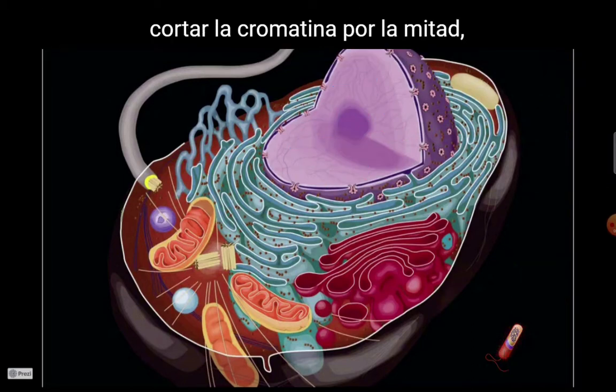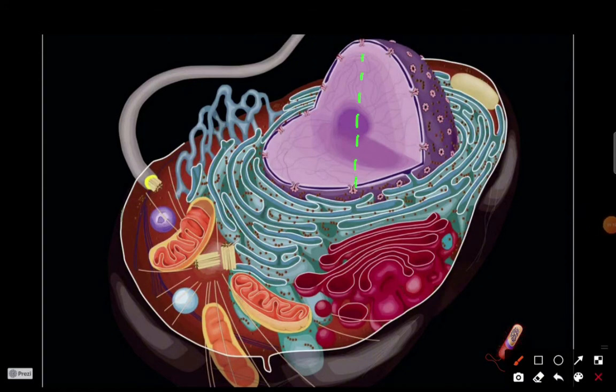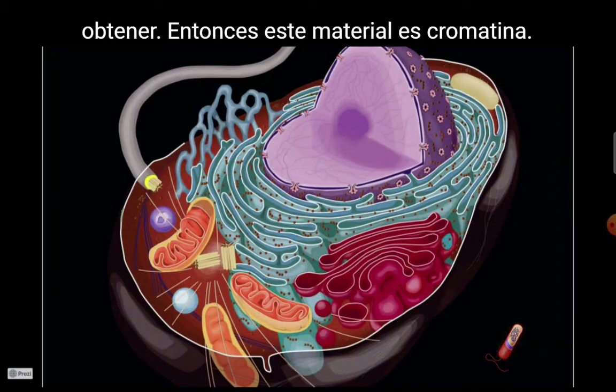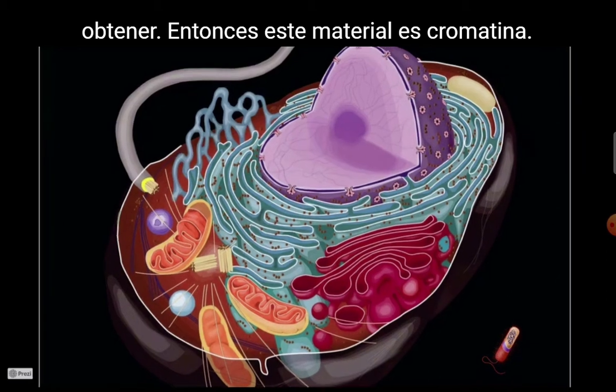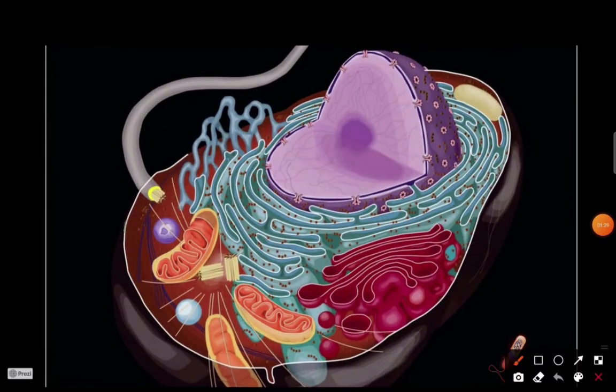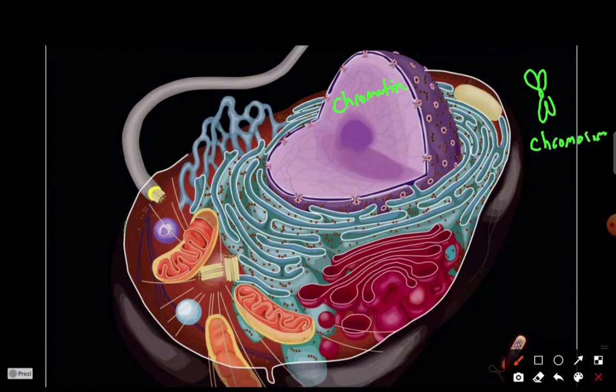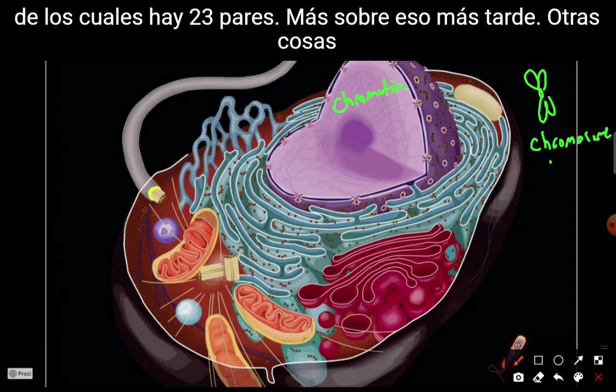If we were to cut chromatin in half, it would be random which parts of the DNA each new cell would get. So this stuff is chromatin. And the more condensed form is chromosome, of which there are 23 pairs.